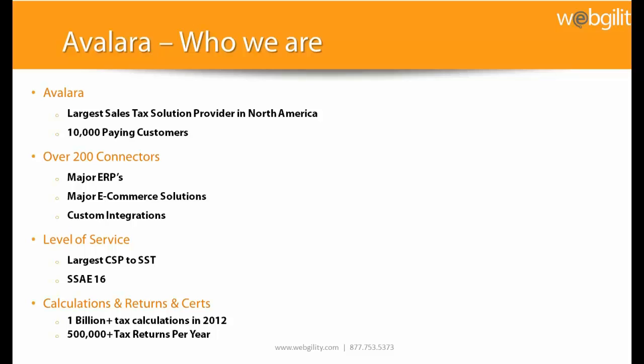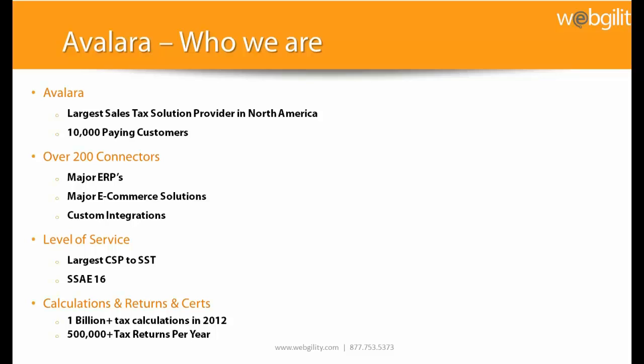We happen to be, with Intuit, the maker of QuickBooks, a gold-level certified developer, which is their highest level of developer, and we are the only one that is a sales tax service provider. We also have integrations with numerous different accounting packages, as well as a lot of the popular carts on the market, and obviously with Webgility.